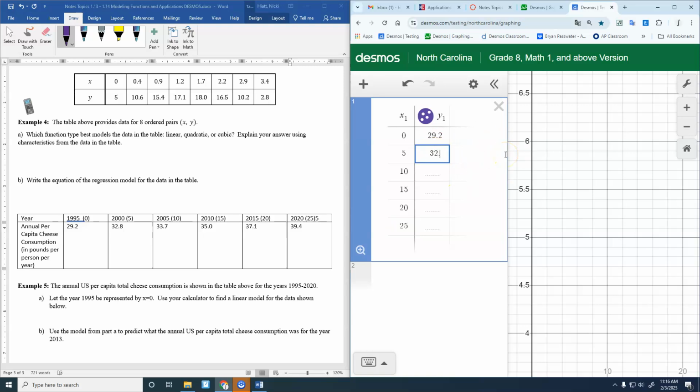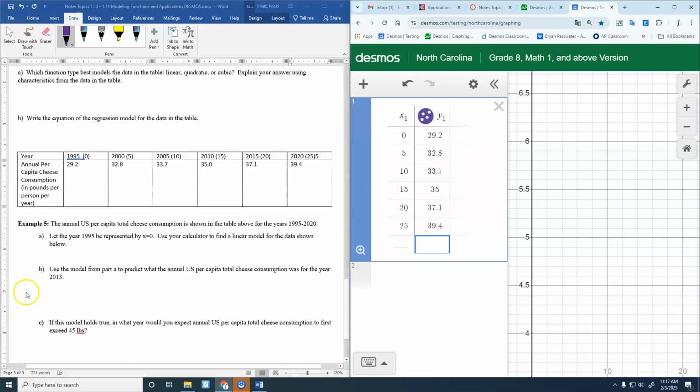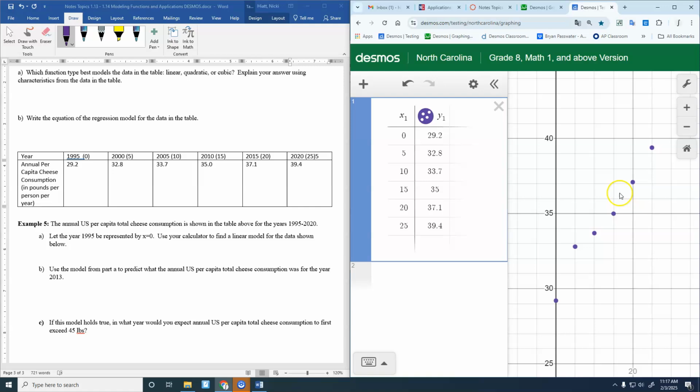And so if I type these in really quickly, because we are running out of time, here, it says we're supposed to be finding a linear model for this. I'm going to hit this so I can see. It looks fairly linear here.